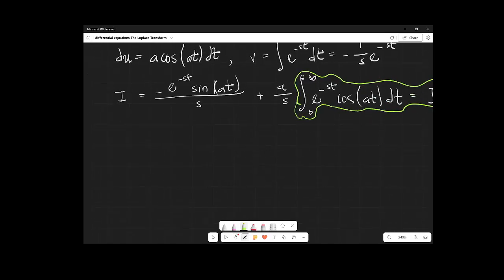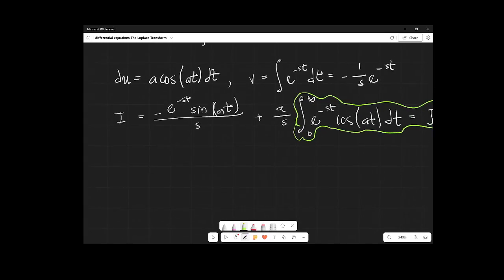Applying integration by parts again, I'm just going to do this really quick since we just did this. We'll say that dv equals the other function, right? The exponential function.